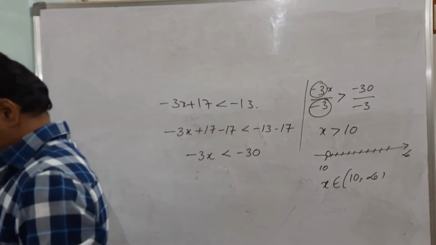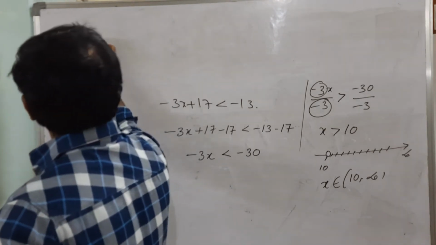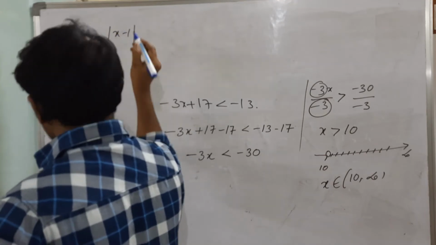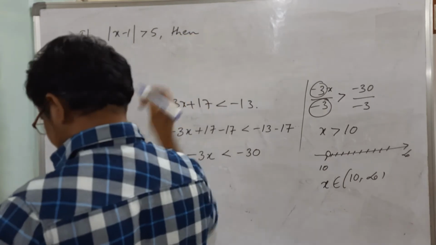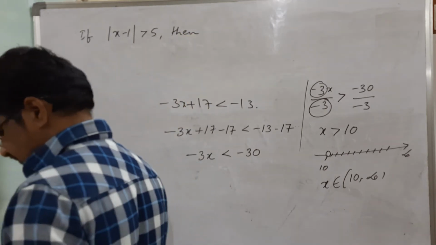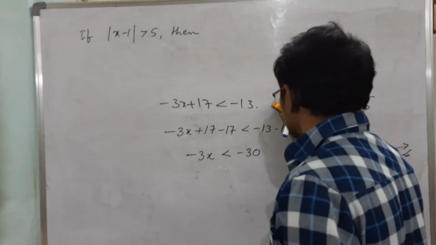Take the next problem: if modulus of x minus 1 is greater than 5, then, and three options are given.